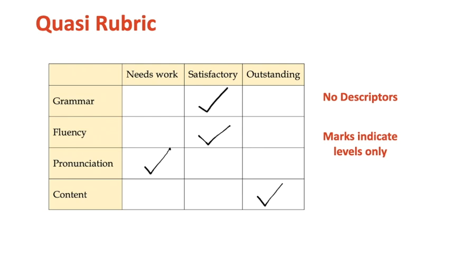By themselves, these incomplete rubrics do not provide answers to student questions, such as, why was my content only satisfactory and not outstanding? However, this kind of form may be used together with a complete analytic rubric to conveniently mark and record scores.